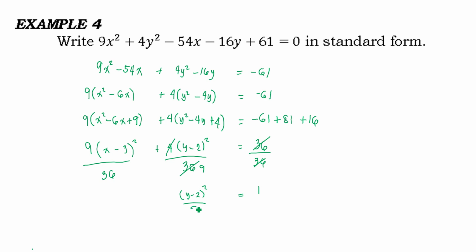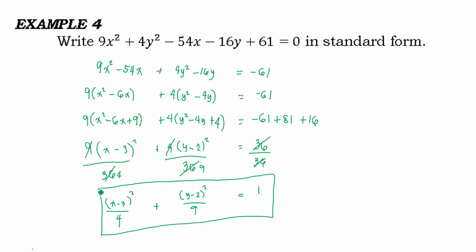Here naman, 36 and 9 are both divisible by 9. So dito, magiging na siyang 4. So we have the squared quantity of x minus 3 over 4. In other words, this is how we are going to transform from general to standard form of the ellipse.